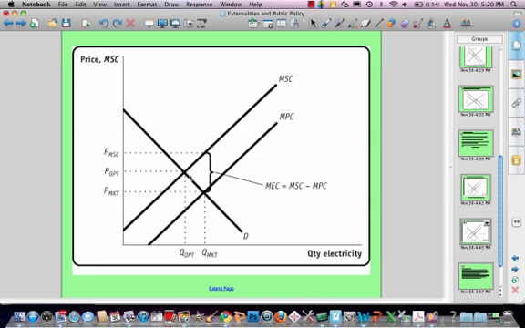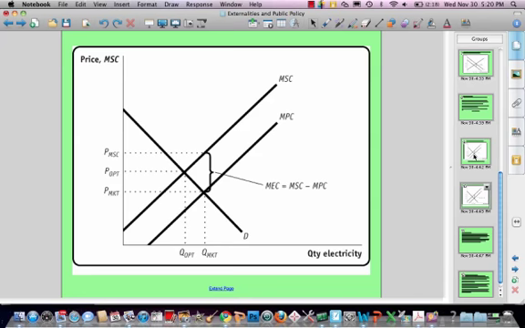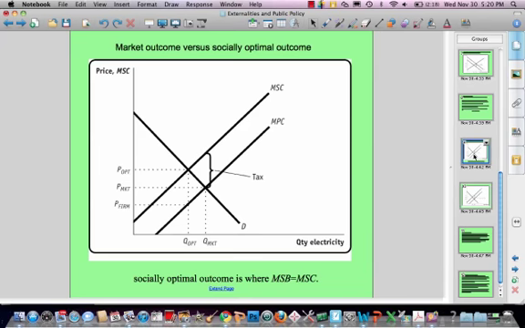In that case, we're going to want to move up to the intersection of marginal social cost and the demand curve. This, similar to the prior example, is where we have a deadweight loss.